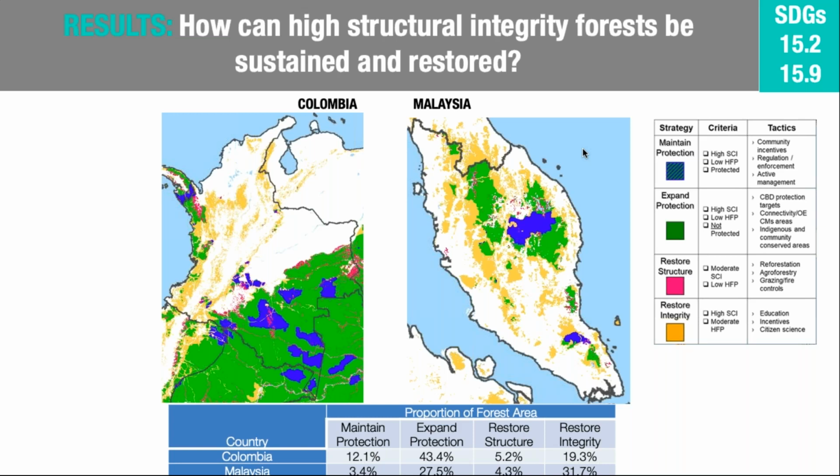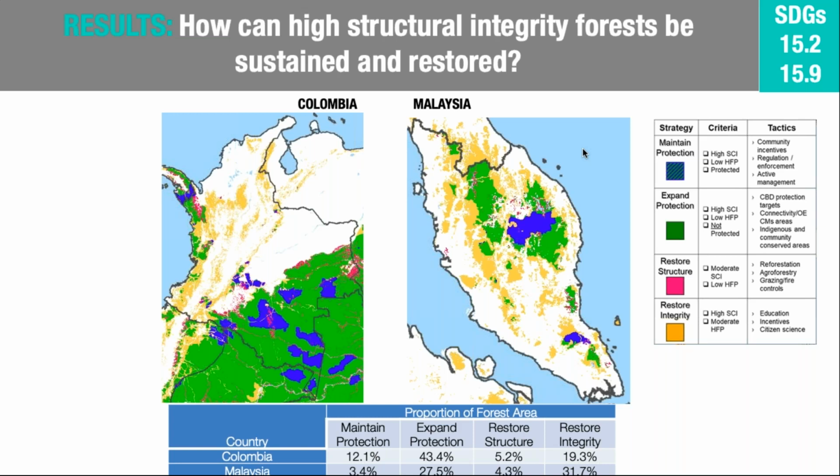And just note that these 2 countries illustrate that each country has opportunities. In the case of Colombia, the largest forest area could be used for trying to expand protections. Some 44% of the current forest area would meet the criteria for that.